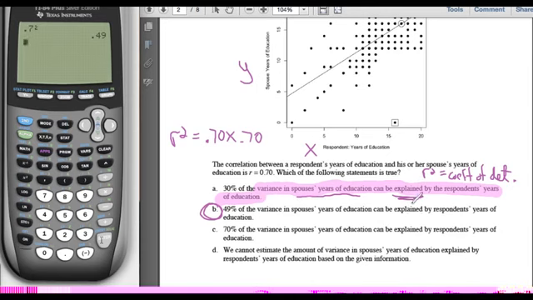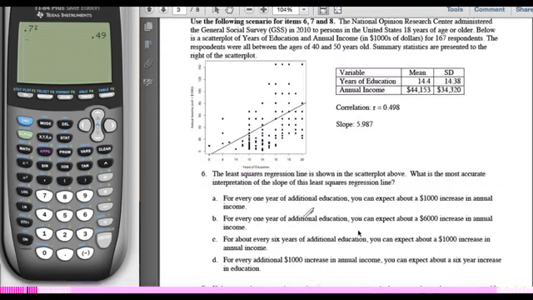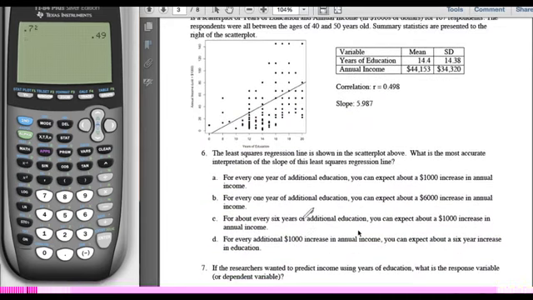Whenever you want to explain something, especially the variation or the variance from a scatter plot, you want to go to your r squared value. This was from chapter 4, as is number 6, 7, and 8 here. All from this situation, looking at a person's years of education as the x variable, their annual income as the y variable.